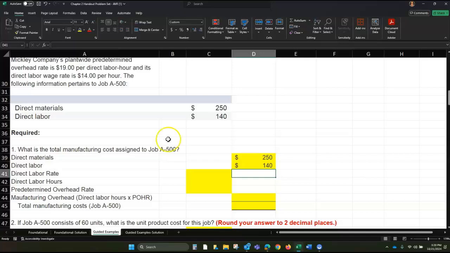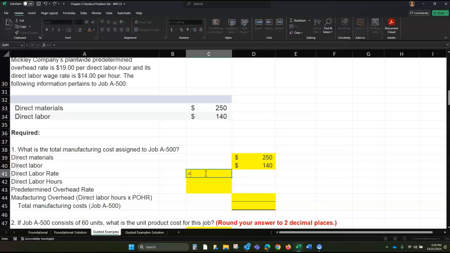Good. The total direct labor divided by the direct labor rate. That rate was $14 per hour, so the direct labor hours is simply the total labor divided by that rate, which gives us 10 hours.